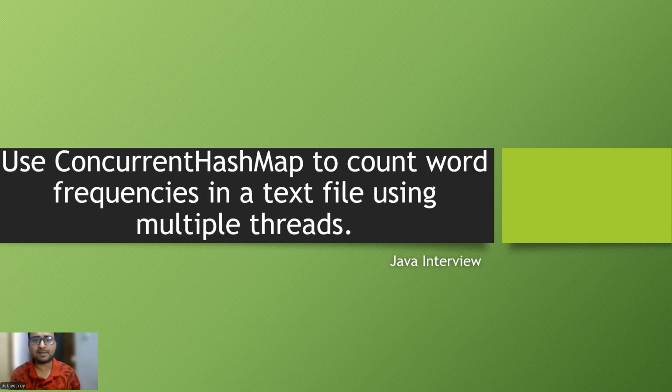Try to implement it on your own, like how this ConcurrentHashMap is working. There are certain methods within it that we can use, and there are multiple threads with the help of which you can synchronize it, and then with ConcurrentHashMap you can segregate the words within the text file and count how many times those words are being printed. I hope you got clarity. So you can use ConcurrentHashMap to implement this program.